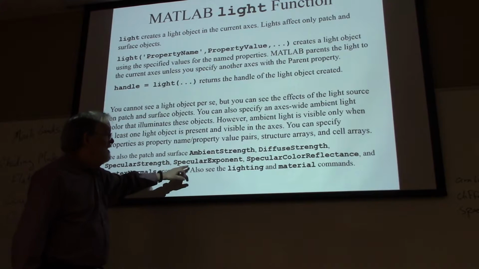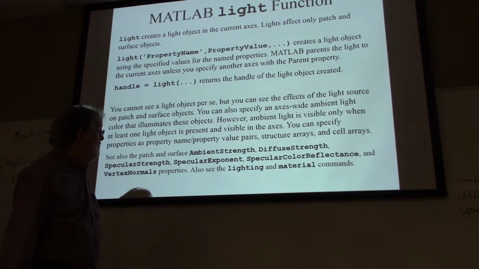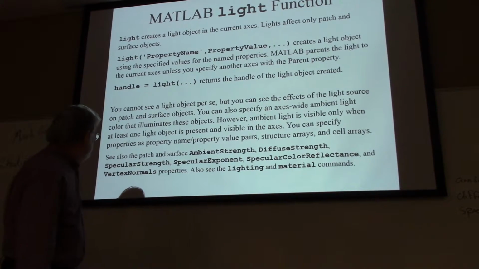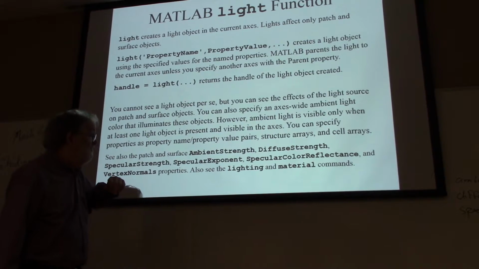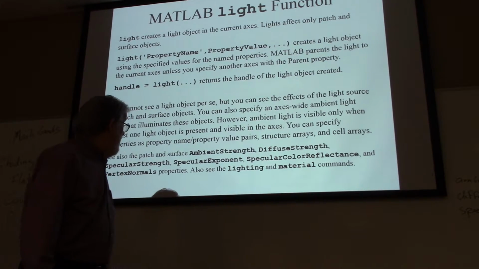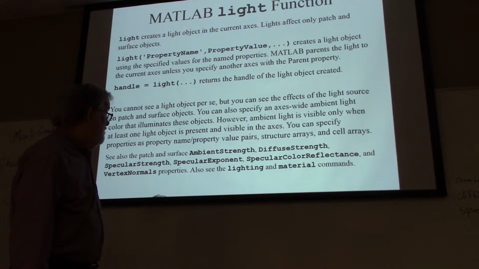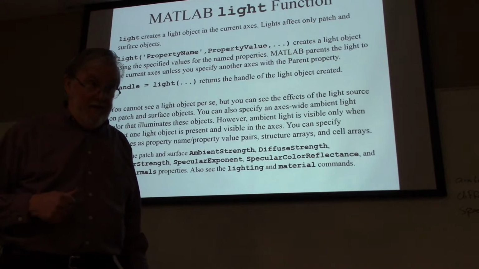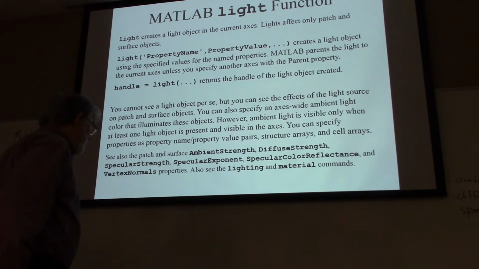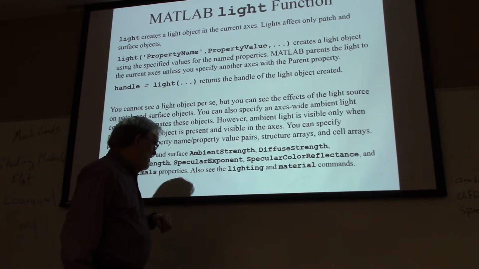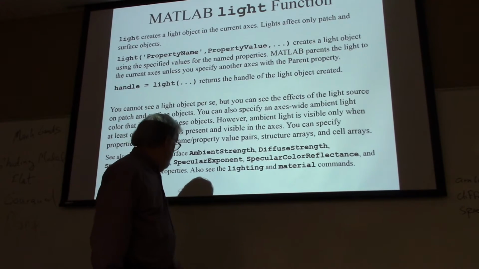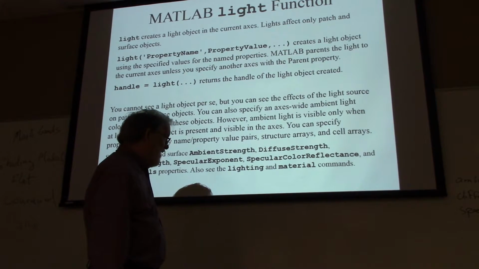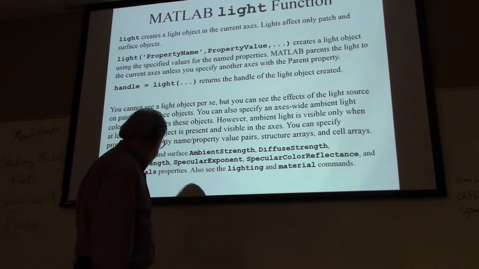On the patch, when they talk about ambient strength, diffuse strength, specular strength, they're talking about the reflectance of those three terms. Then the specular exponent, that's the n value. And I'm not sure what specular color reflectance means in this case.